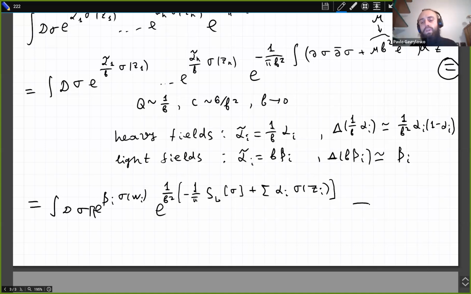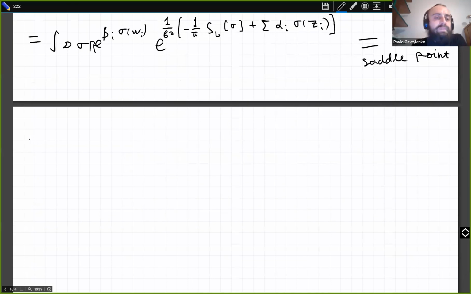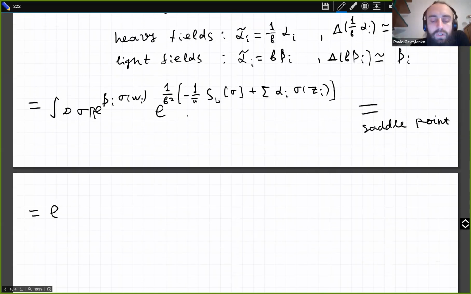And if you now try to compute this by saddle point, then it will equal to e to, let us denote this object f of sigma.